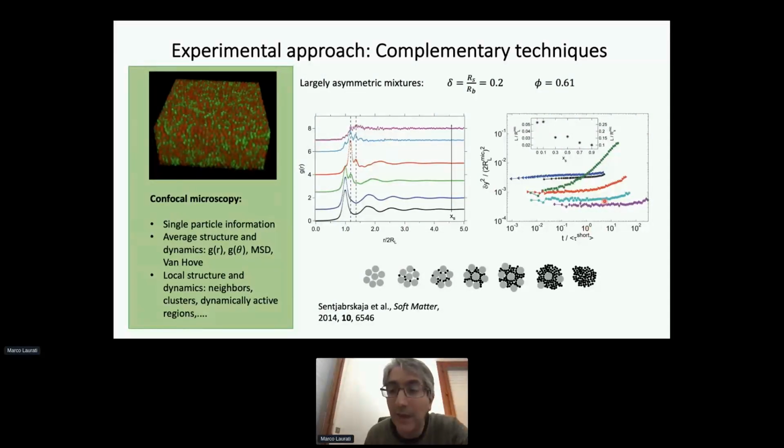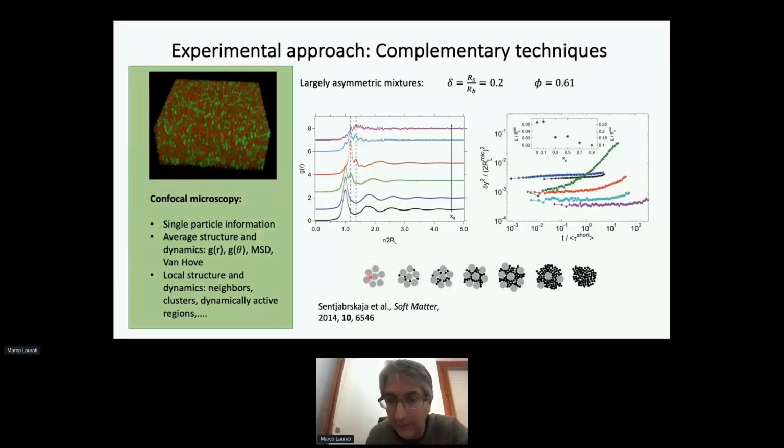And at the same time, we could also measure the mean square displacement of the same system. From the combined information of these two functions, we could reveal the caging transition that is occurring in this system.